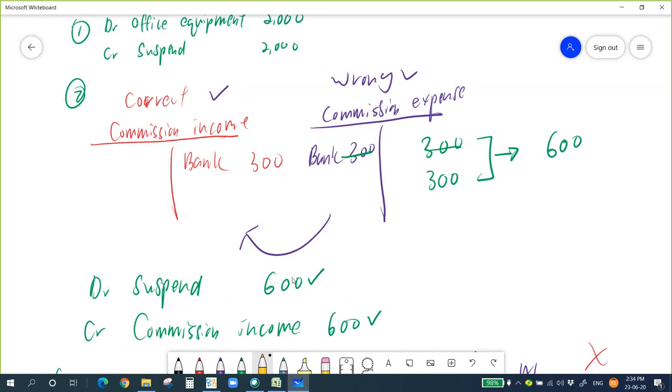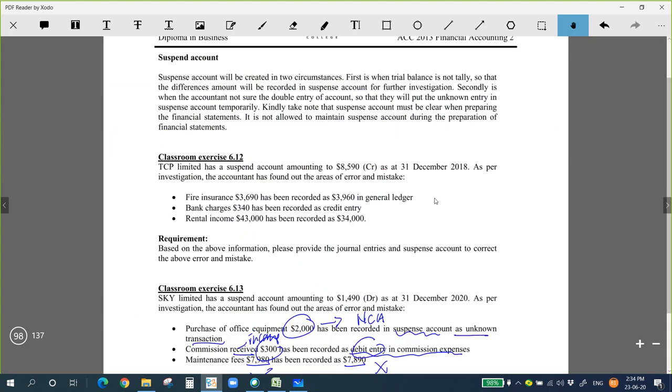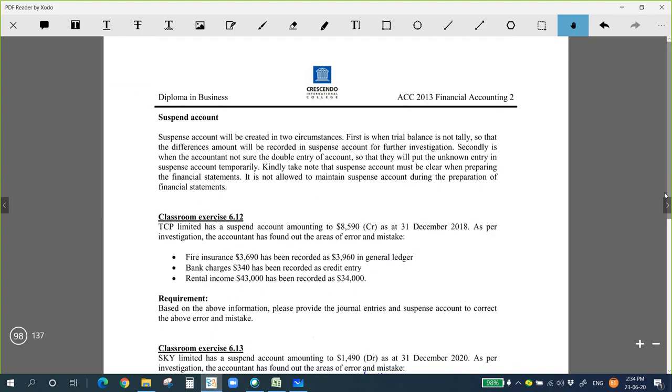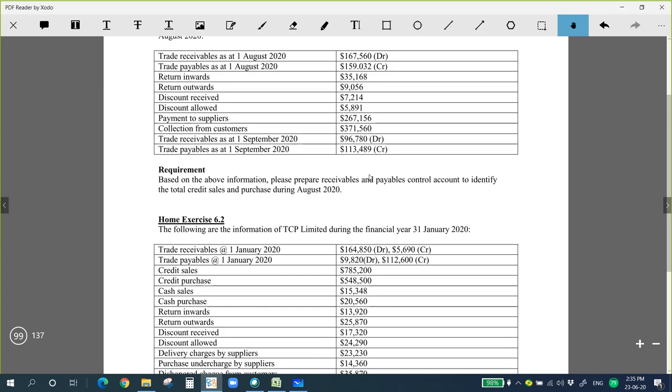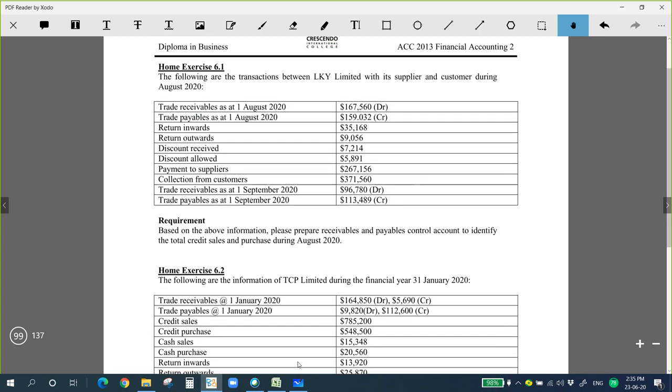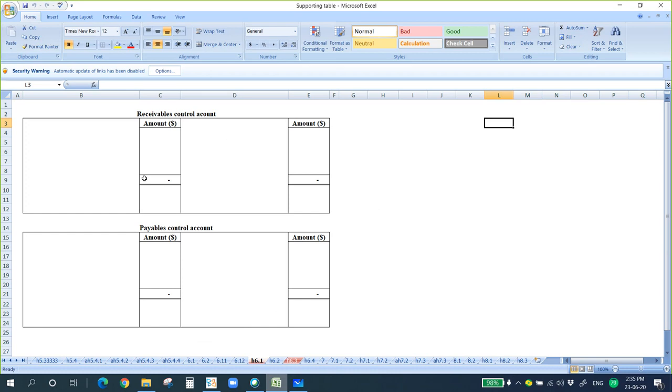Yes? Okay. So we are going to do home exercise 6.1. So before we start, can you draw two ledger? You draw one receivable, one payable control account. So the sample is something like this. No need to reserve too much of column.